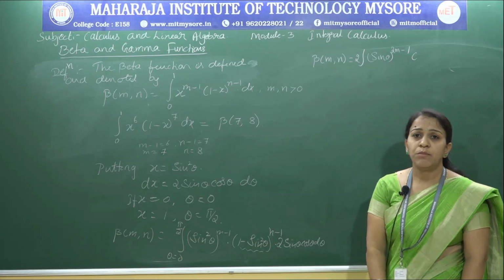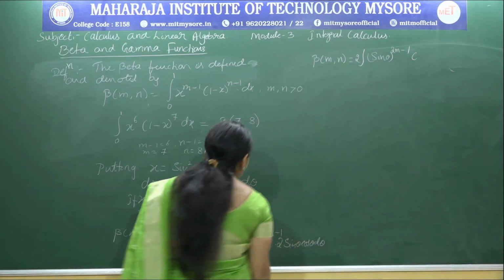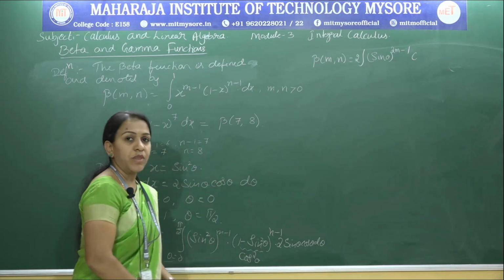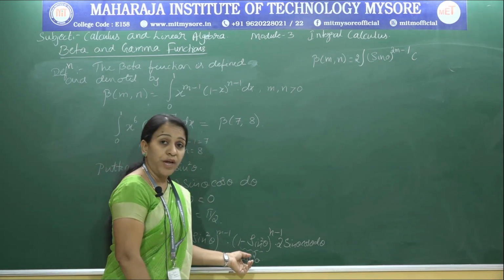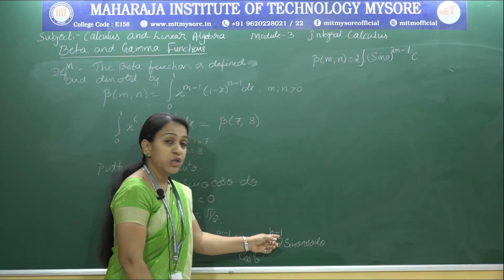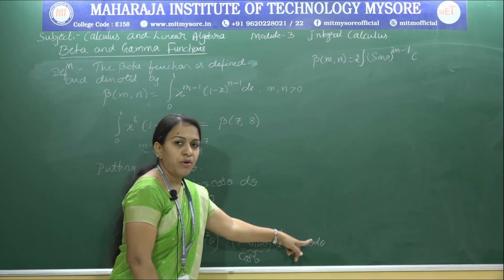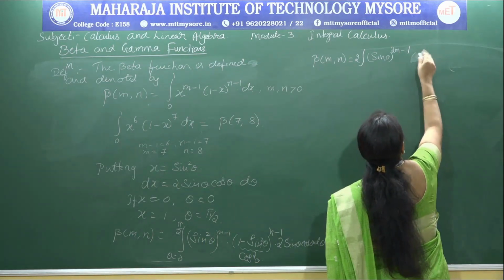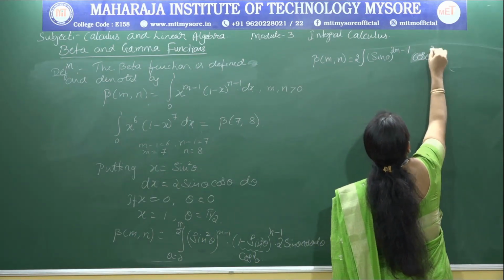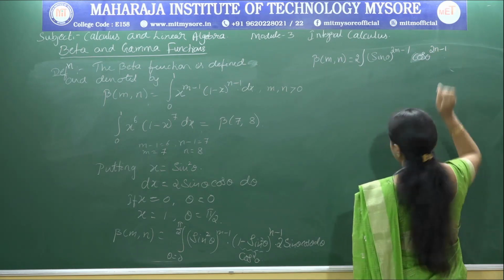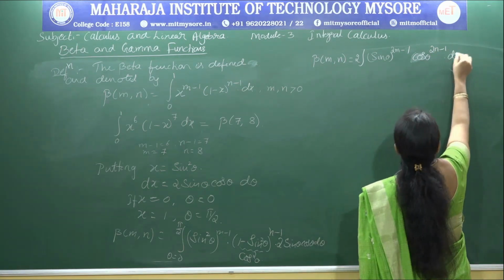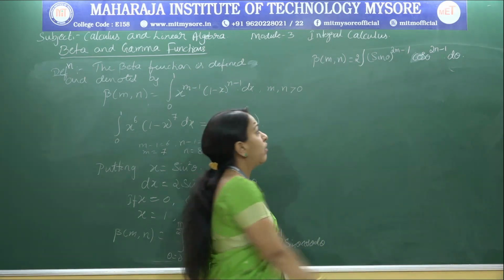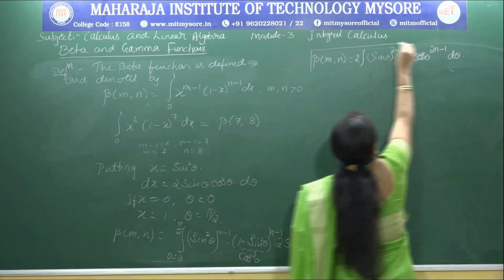We know the standard trigonometric formula, that 1 minus sine square is nothing but cos square theta. So if I write it as cos square, then it becomes cos theta to the power of 2n minus 2 and cos theta to the power of 1, so that we have cos theta to the power of 2n minus 1 into d theta. Yes, this form of the beta function is known as the trigonometric form.